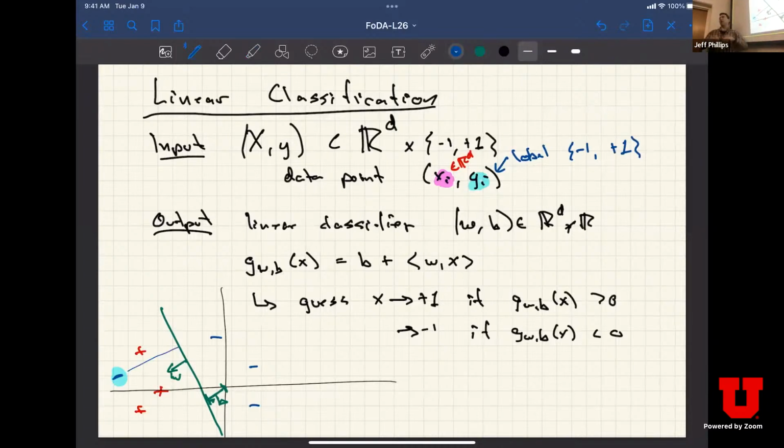And the more it's misclassified, the more error is the intuition. And we described a loss function, which became convex, and then we could measure this at all the points, and we could optimize the values for W and B. So this was what we talked about last week.